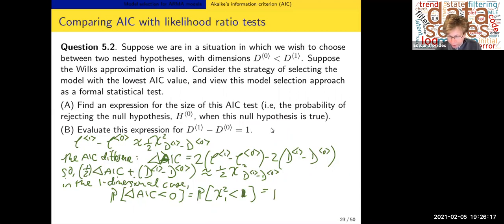which in R is p chi-square 1 on 1 degree of freedom, which, let me just calculate that. P chi-square 1 on 1 degree of freedom, which is 0.68.